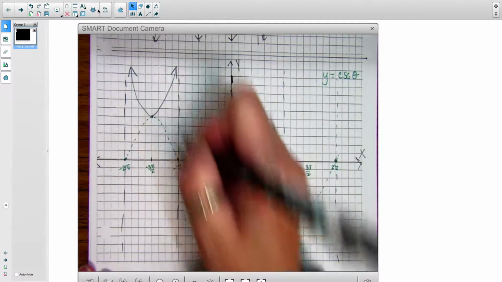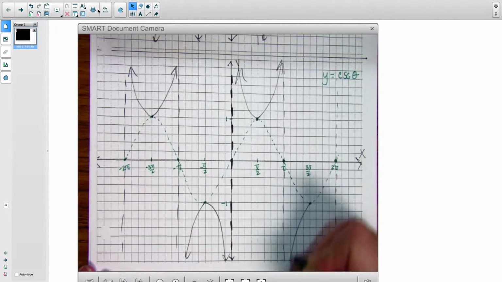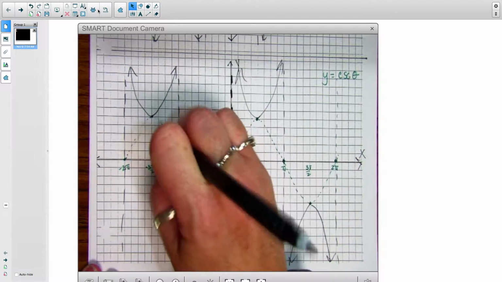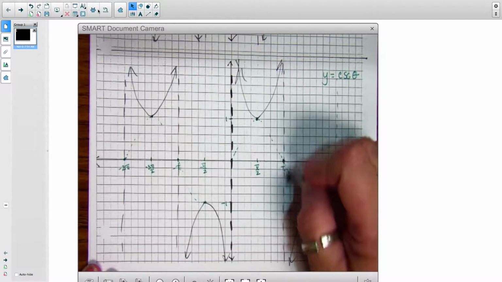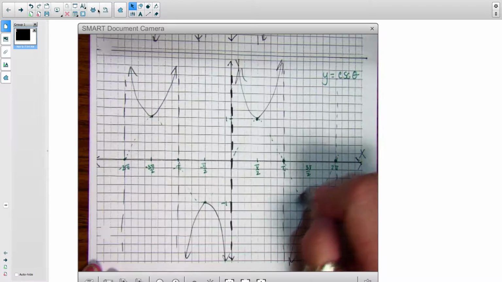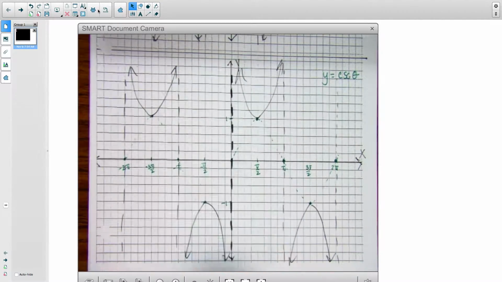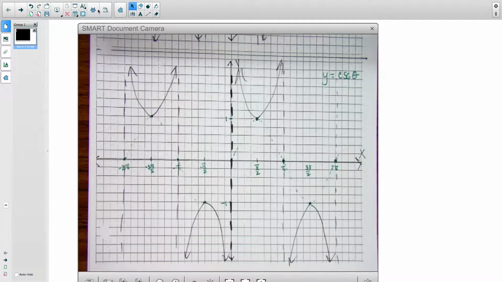If you remember, graphs approach asymptotes. Then you can erase. Questions there?